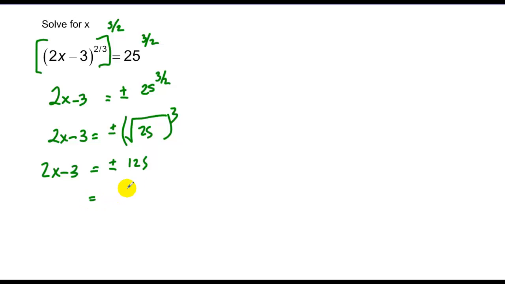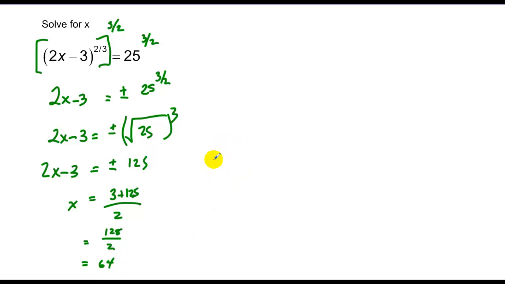So when I take 3 plus 125 and then divide that by 2, that gives me an x. So in this case, this is 128 over 2, which is 64.